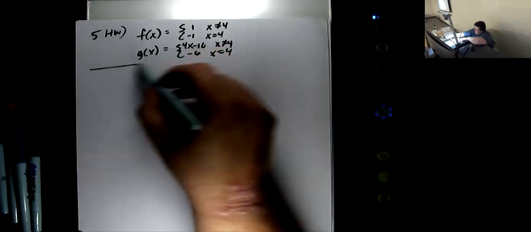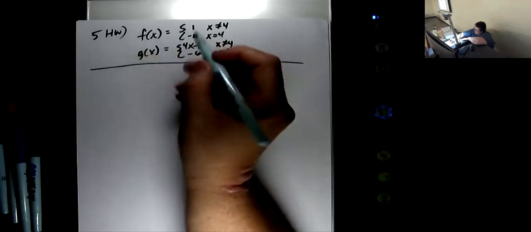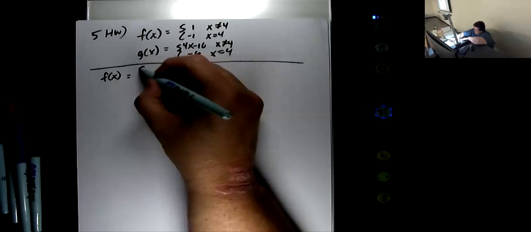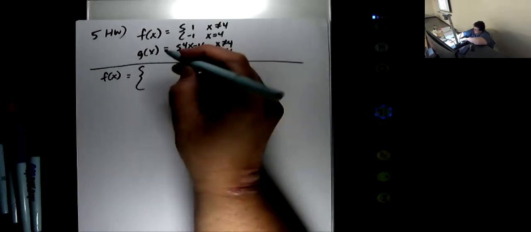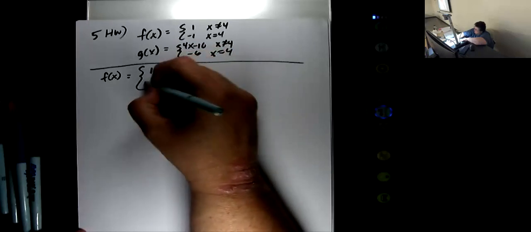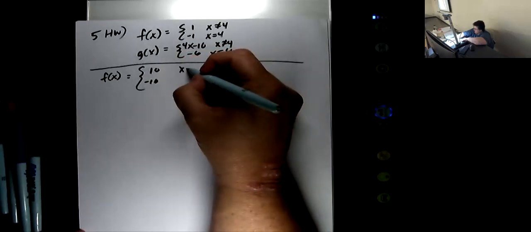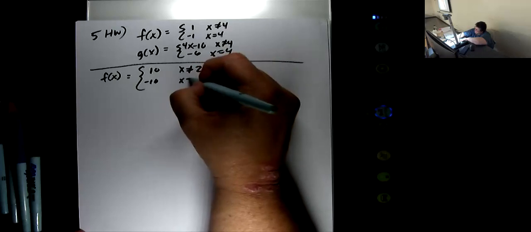Let's switch this up. That's the homework one. Let's give you something that looks similar. f of x is going to look like 10 and -10, and we'll go with x doesn't equal 2 and x equals 2.